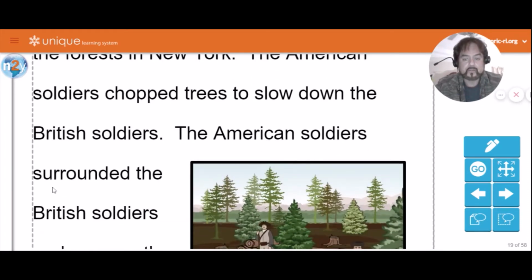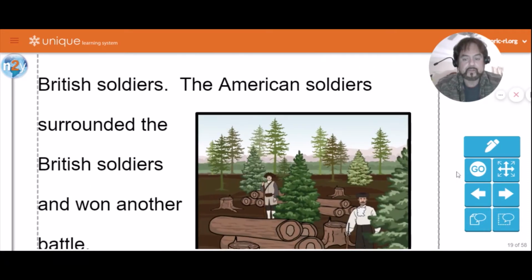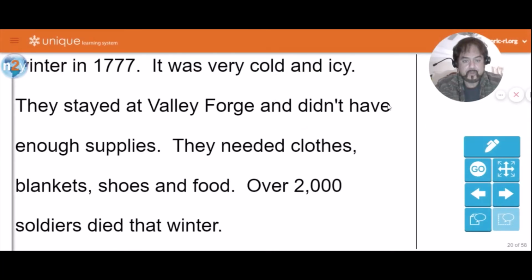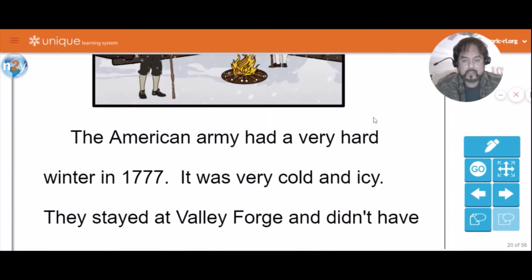The American soldiers surrounded the British soldiers and won another battle. So here are the American soldiers, and I guess they chopped down the trees and piled up the logs to slow the British down and surrounded them. Pretty sneaky.